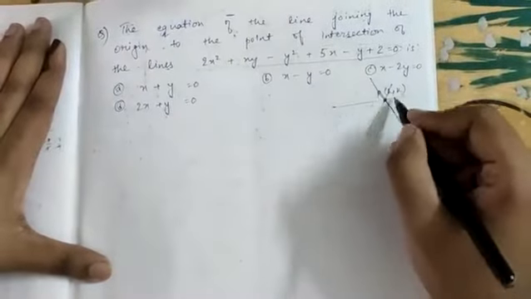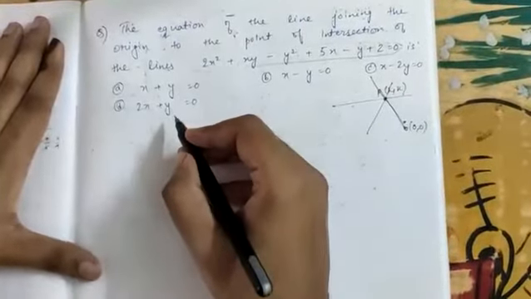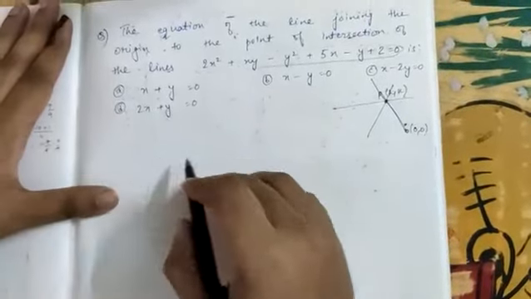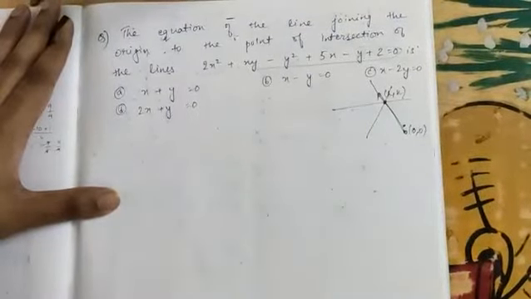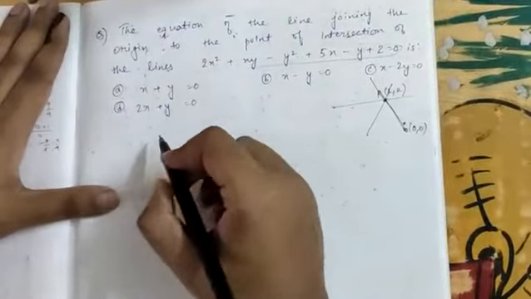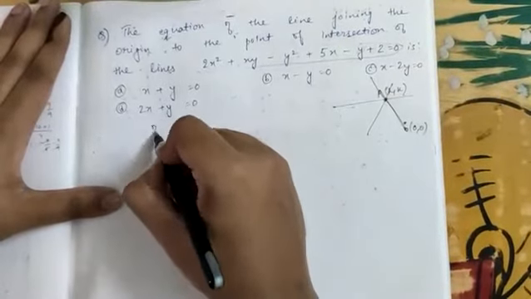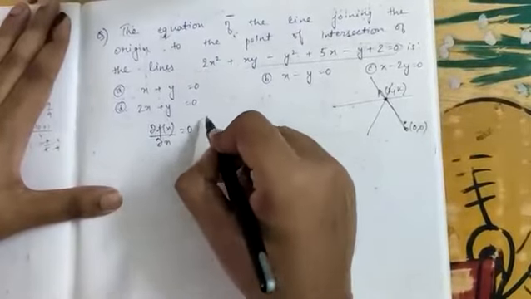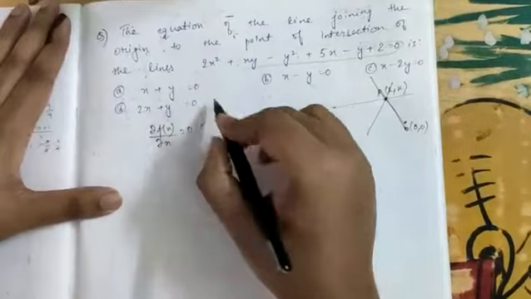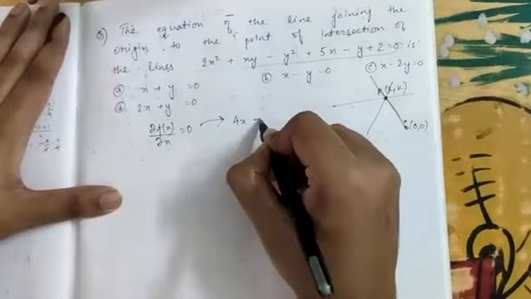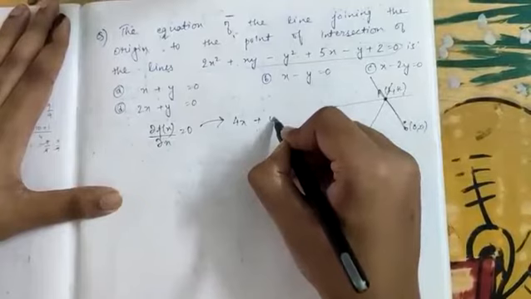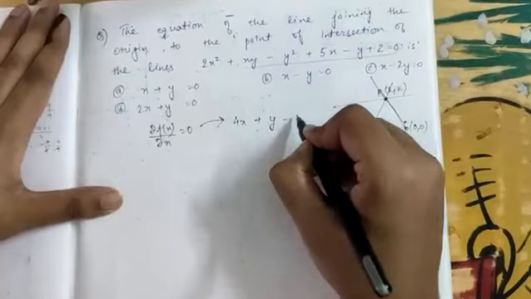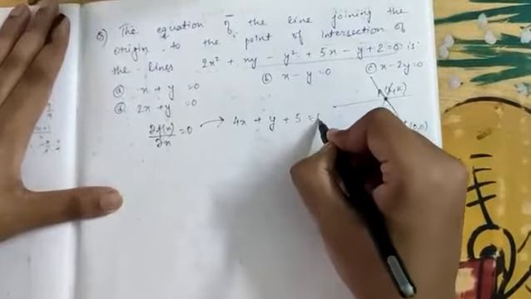To do this, from my previous sum that I have discussed, you can find the point of intersection. Here let me do it with method 2, because in the previous sum I had discussed method 1. So partially differentiating f with respect to x and equating it to 0, I get 4x plus y plus 5 is equal to 0.